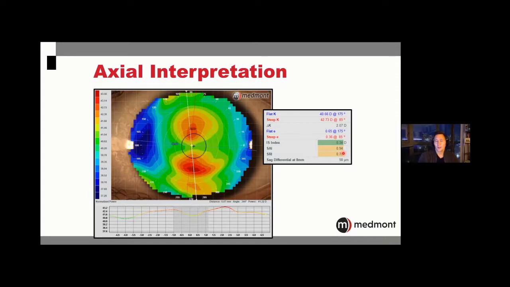Why is that? Well, we might look at the topography. Do you notice anything funny about this anterior surface shape using an axial interpretation? Now, clearly we see a with-the-rule cornea. We have our hot meridian running vertically, so steep axis running vertical with-the-rule cornea.